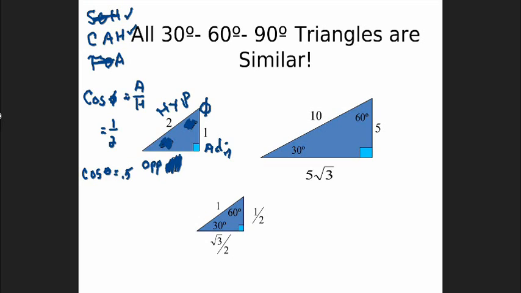And 1 over 2 means that the cosine of the angle, that ratio, is equal to 0.5. Now, that's the ratio. And if you try this guy, since they're all similar triangles, they all come out to a cosine of the angle equal to 0.5. Try it. This guy down here, remember, we don't have this, we don't have this. All we have is this, this.